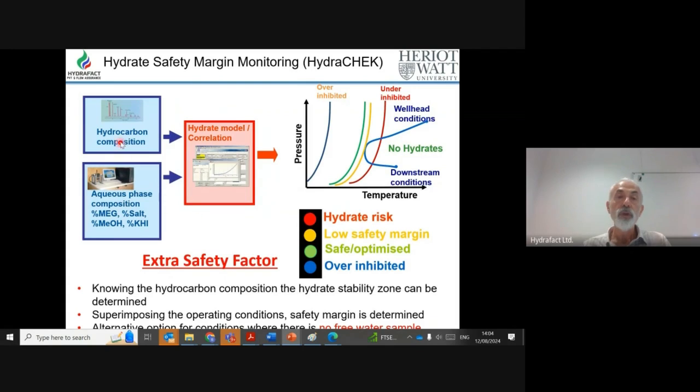So once we know the hydrocarbon composition, which doesn't change a lot with time, and measure the amount of MEG and salt, combination of the two, we can plot the hydrate phase boundary, and this is the hydrate phase boundary, and then superimpose with the pipeline condition.